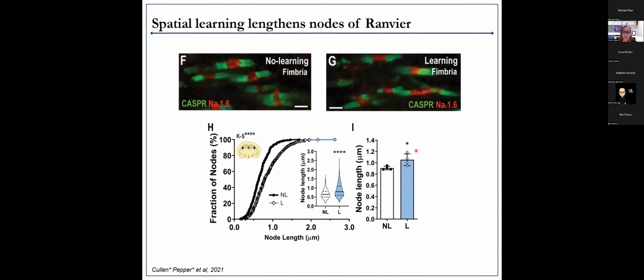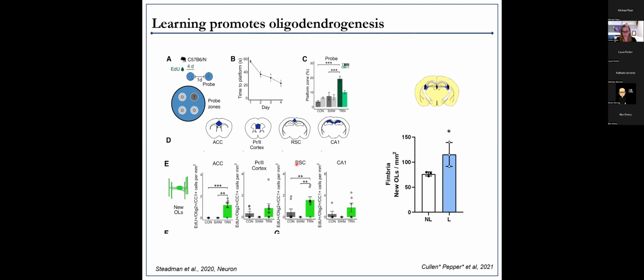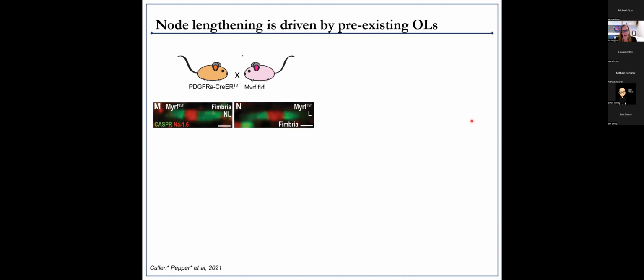This is really interesting, but it doesn't tell us whether this is mediated by existing oligodendrocytes or whether this is just a consequence of the addition of new oligodendrocytes. I told you before that spatial learning induces oligodendrogenesis, the formation of new oligodendrocytes, in several regions involved in spatial learning. That study didn't look at the fimbria, so we confirmed that we do get new oligodendrocyte addition in the fimbria after learning.